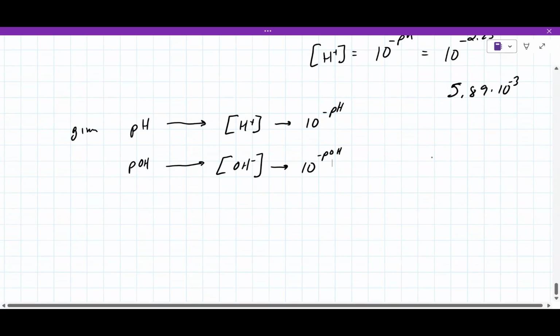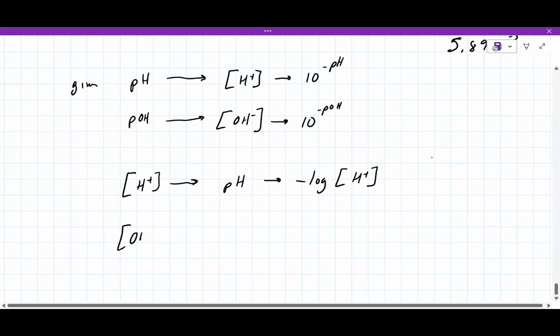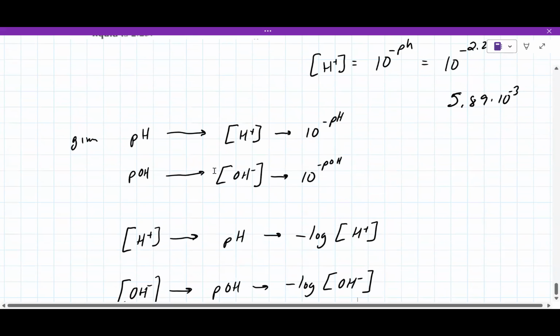If they give you the concentration of H plus ions, to find the pH, you do minus the log of the concentration of H plus. And if they give you the concentration of OH minus, to find the pOH, you do minus the log of OH minus. There's two directions you could be given to go. I believe the previous problem 18 was like the one at the bottom, and 19 was this one here.